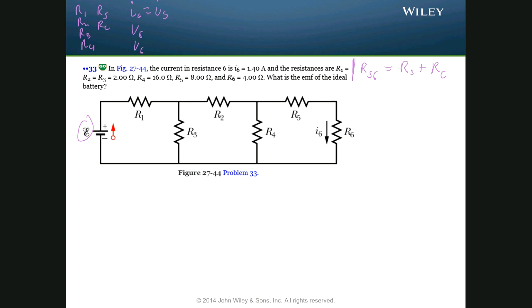If you look here, V5 equals I5 times R5. So those are just numbers, right? And V6 is the same.